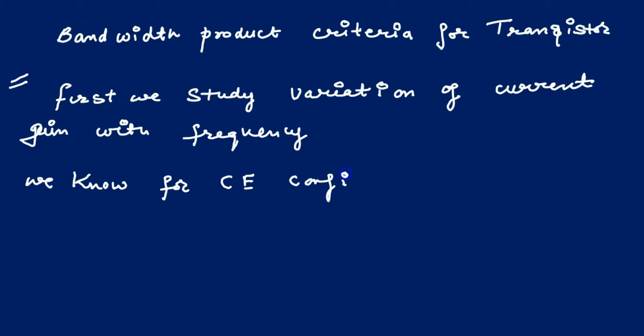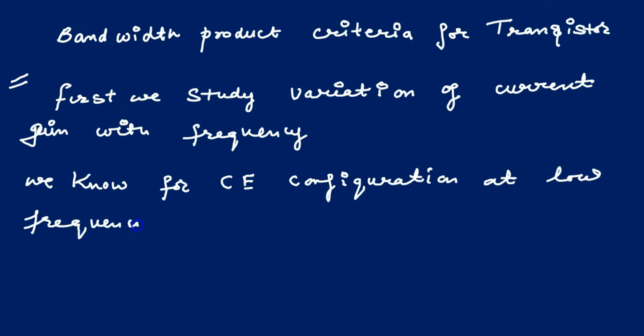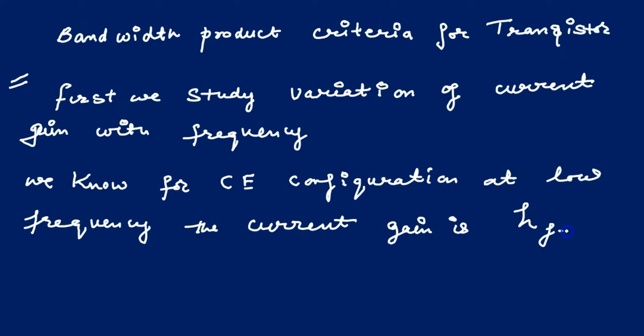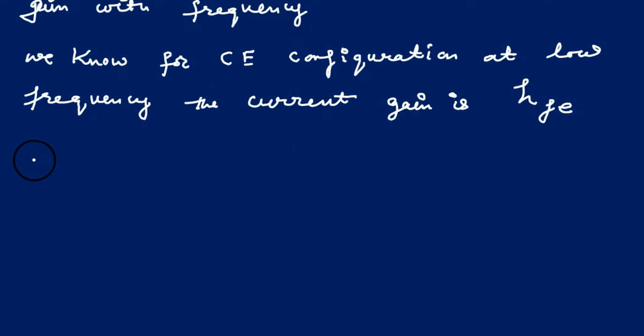We know that in case of common emitter configuration, the current gain at the low frequency is HFE. Okay, this HFE is at the low frequencies.